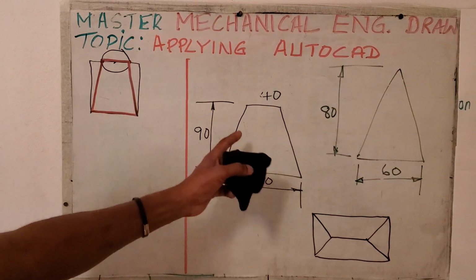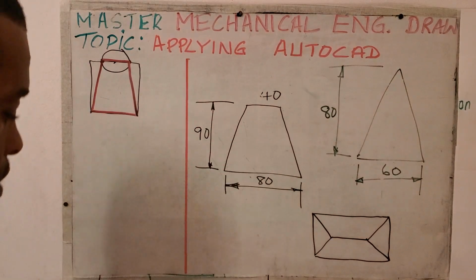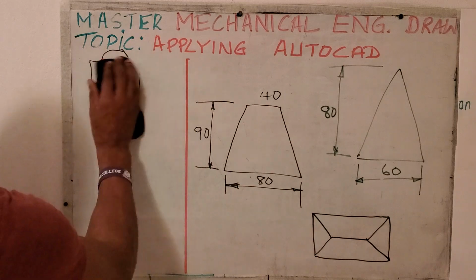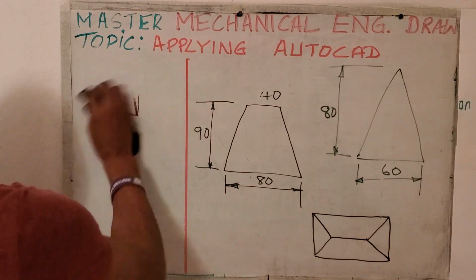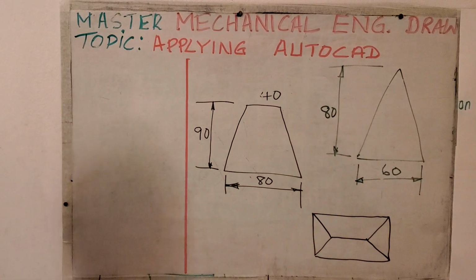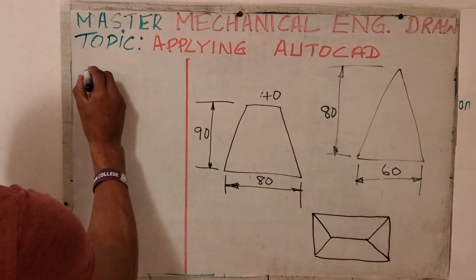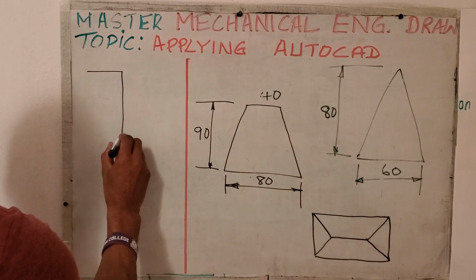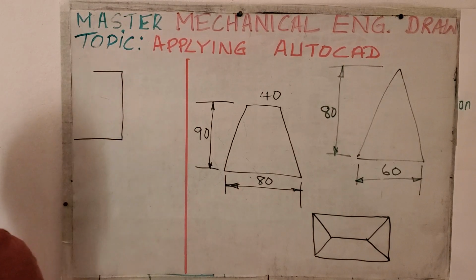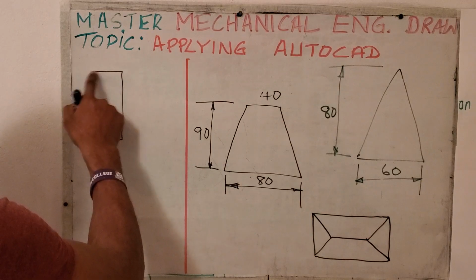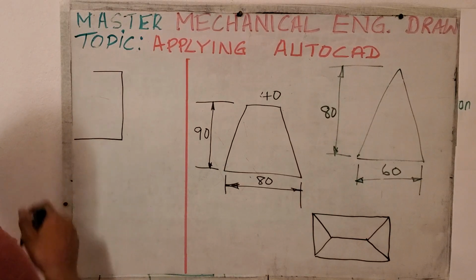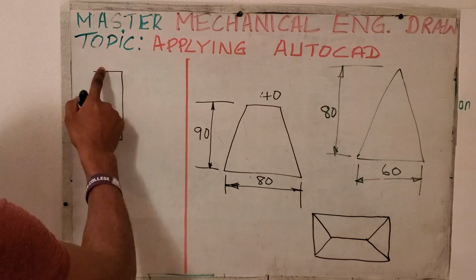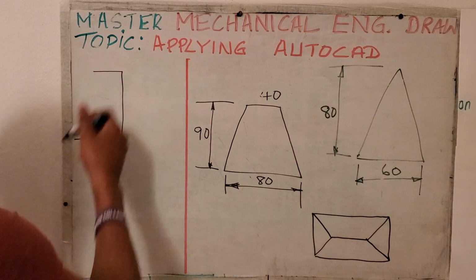Now, this could also be done using another technique. Let me show you how. You could also draw a line, 40, down 90 and 180. So this will be 40, 90 and 80. Then move this: left click, move this in place.